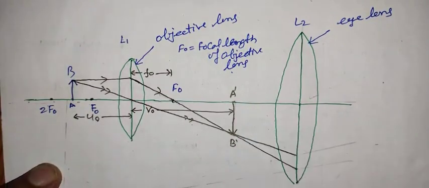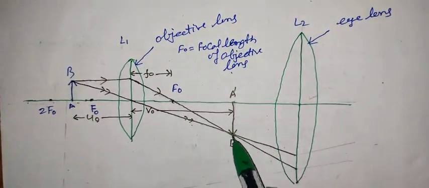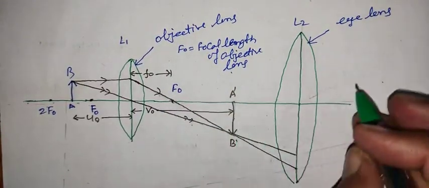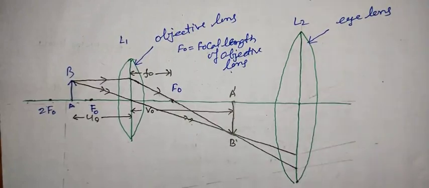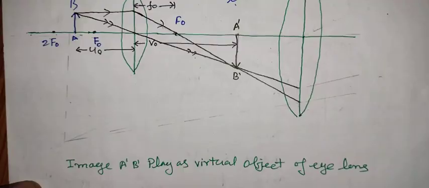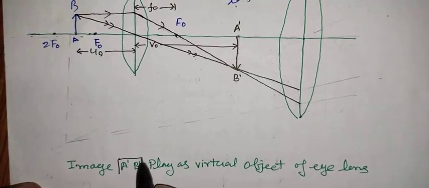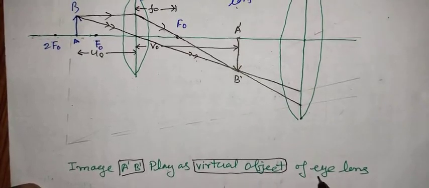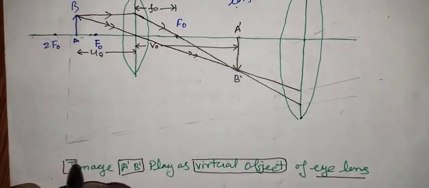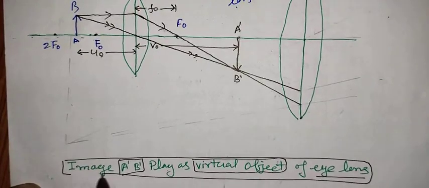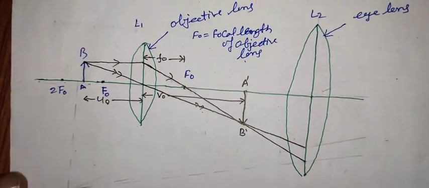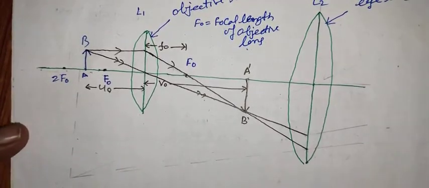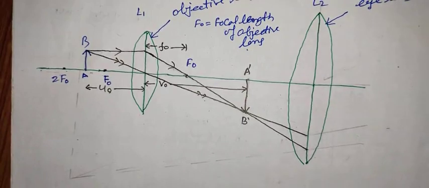Now see in the diagram, A dash B dash, the image formed by the objective lens, plays as an object for lens 2. See here, image A dash B dash plays as a virtual object for the eye lens. It means that this is the object for the second lens. So we will see how the final image forms.